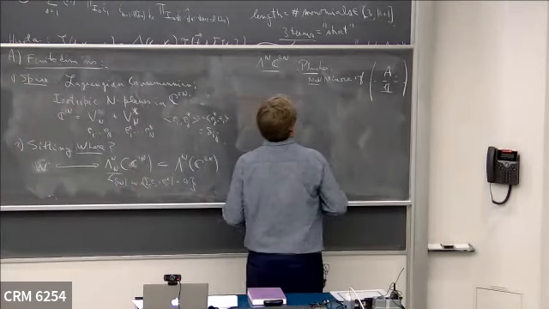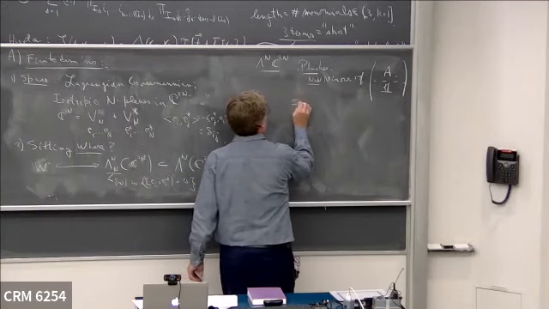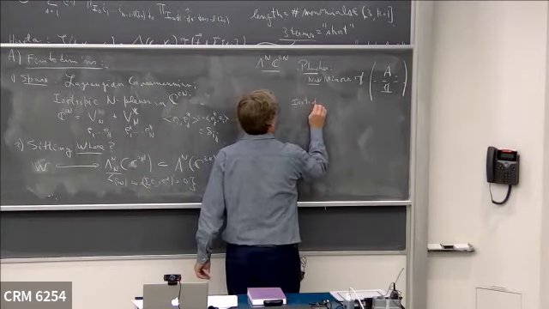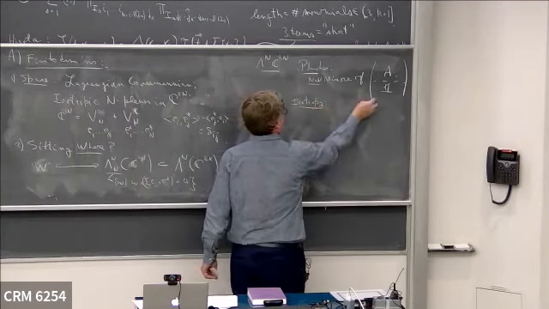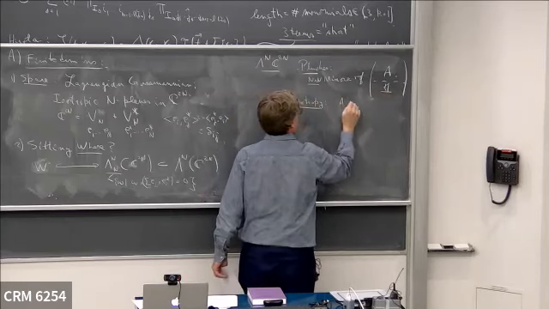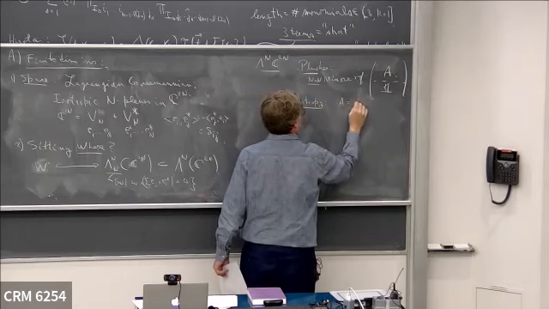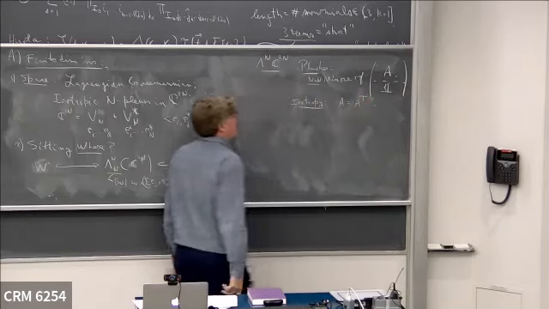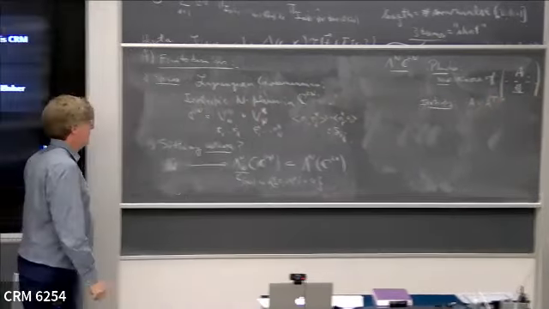Well, what's the isotropic condition? This is for an arbitrary plane. It works out very simply: it's just that A is symmetric. So that's very nice.